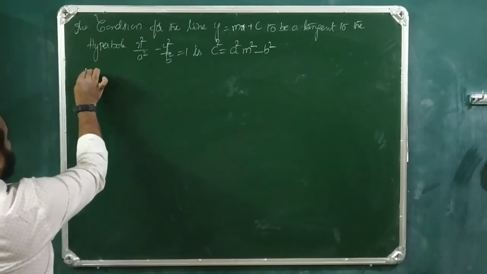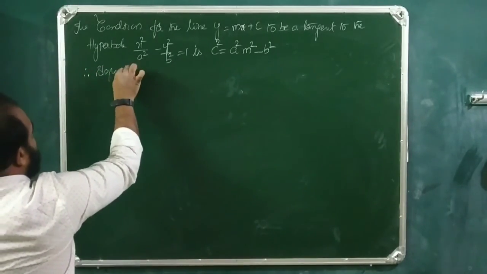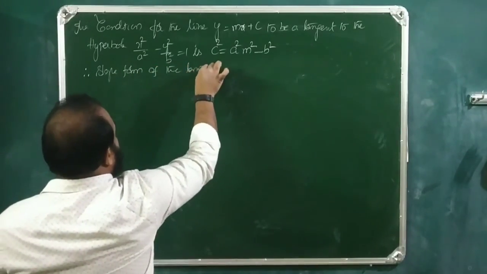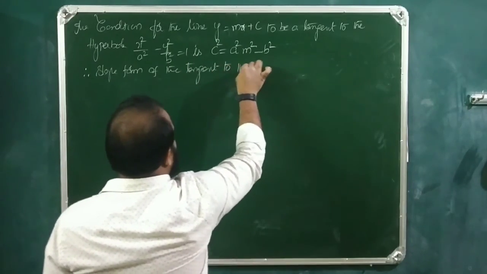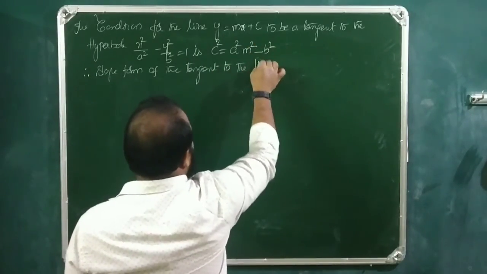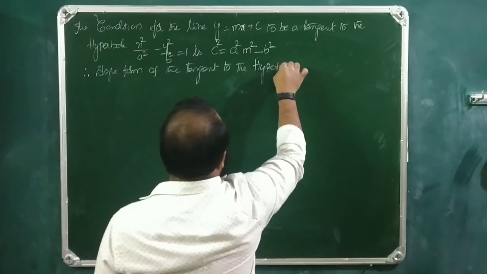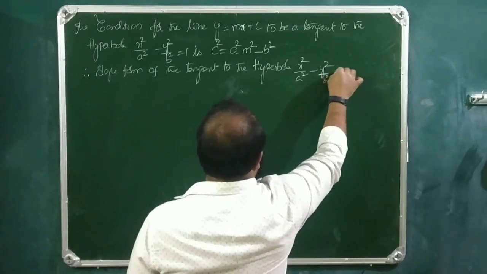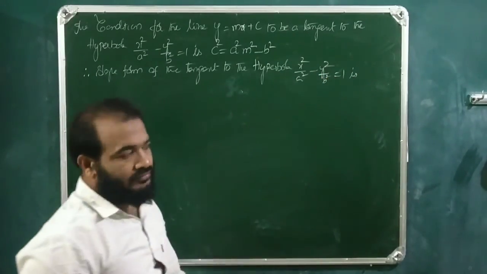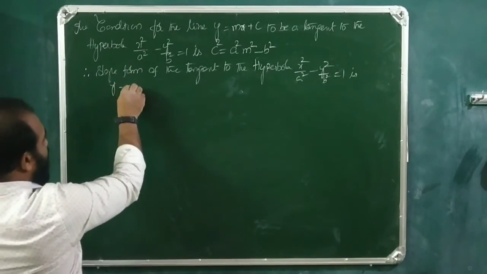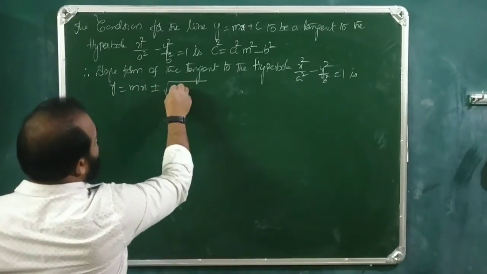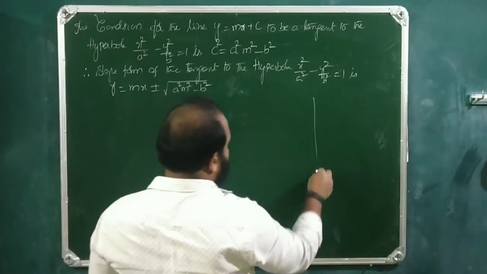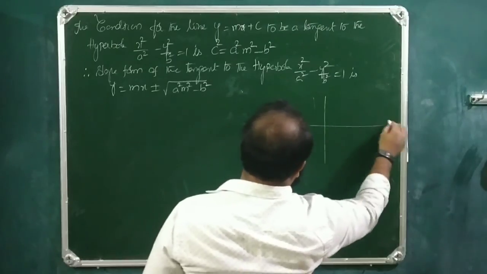Therefore, the slope form of the tangent to the hyperbola x square by a square minus y square by b square equals to 1 is y is equals to mx plus or minus square root of a square m square minus b square.